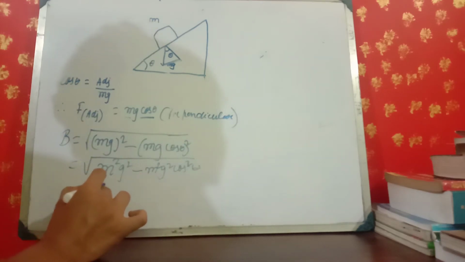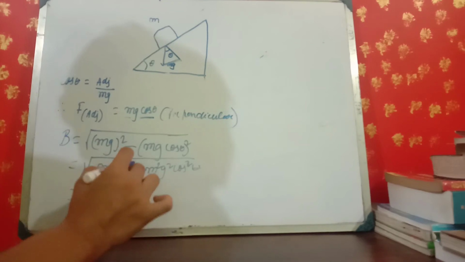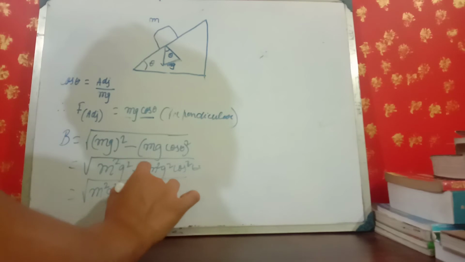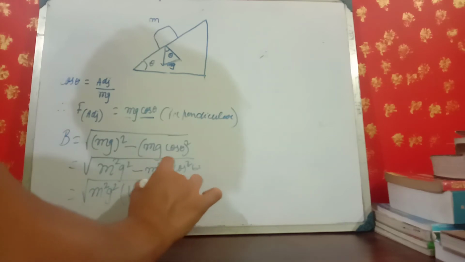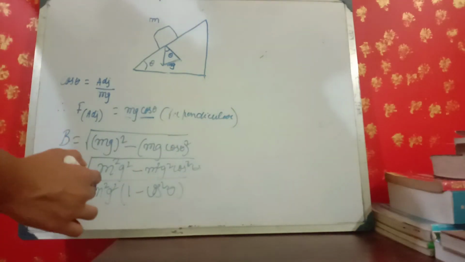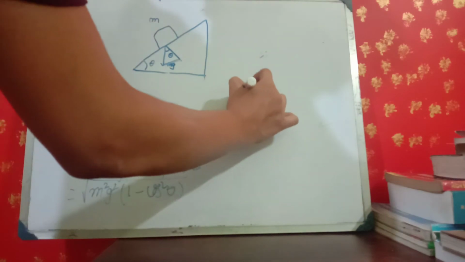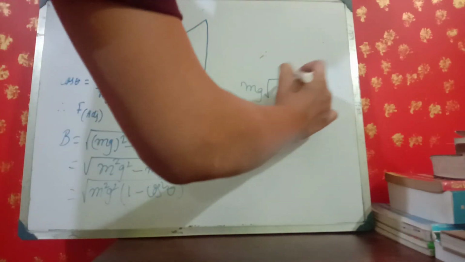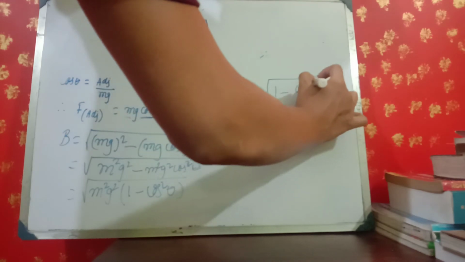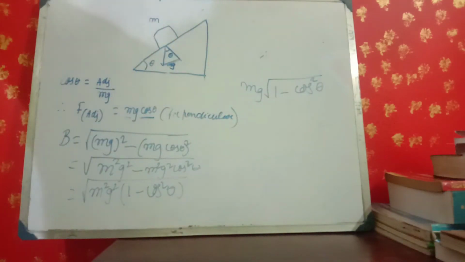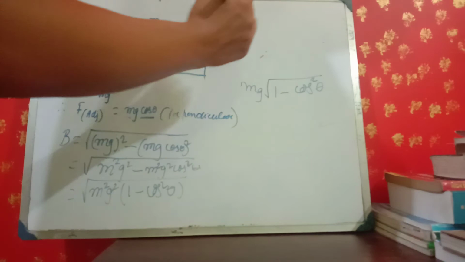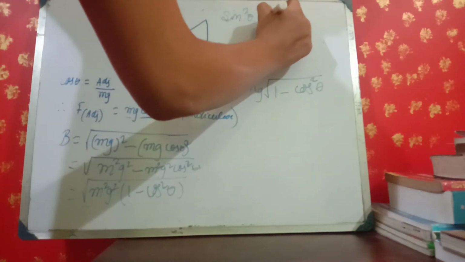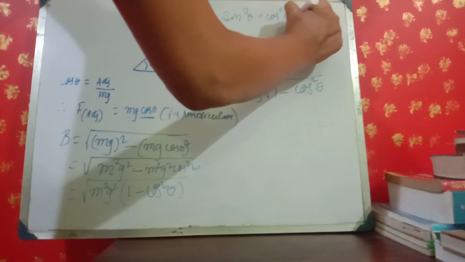m square g square will be common, square root of 1 minus cos square theta. With basic algebra it comes as m into g, and square root of 1 minus cos square theta. As we know, a very popular trigonometric identity is sin square theta plus cos square theta equals 1.